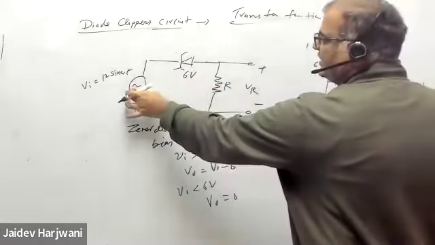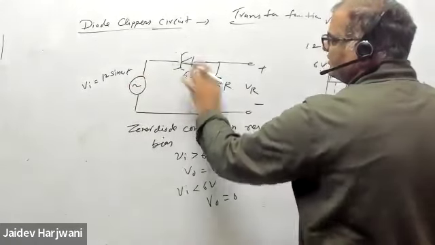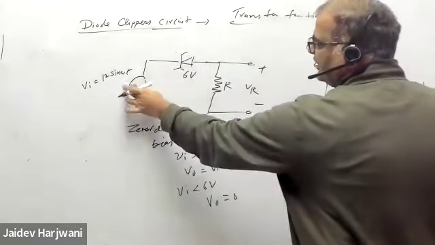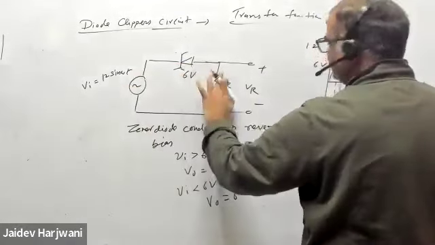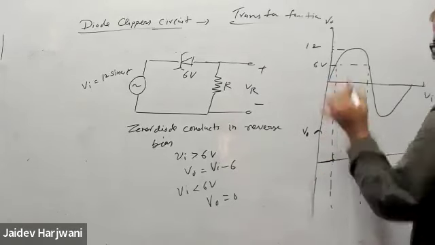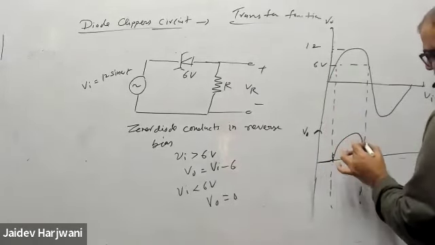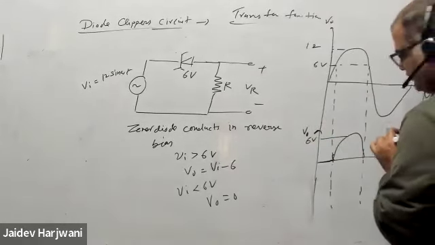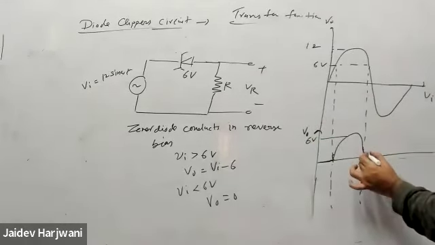Now you put 7 here, so 7 minus 6, 1 will come here. If you put 10, 10 minus 6, 4 will come. If you put 12, 12 minus 6, 6 will come here. So it will start from here and go like this, and maximum it can go 6 volt for the positive cycle.